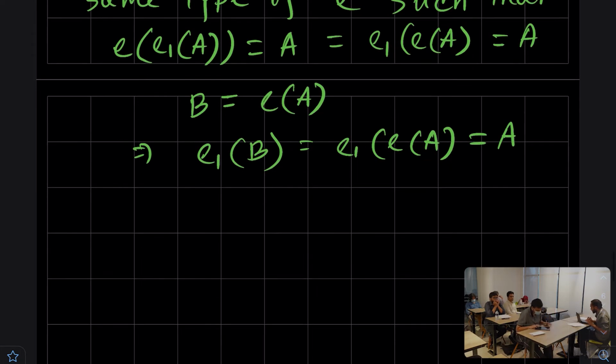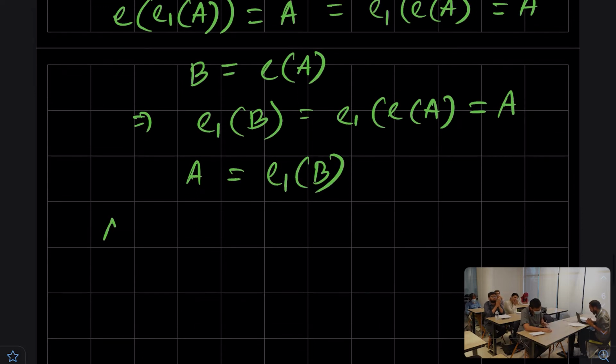So that means Ax equal to 0. A is equal to what? E1 of B, right?